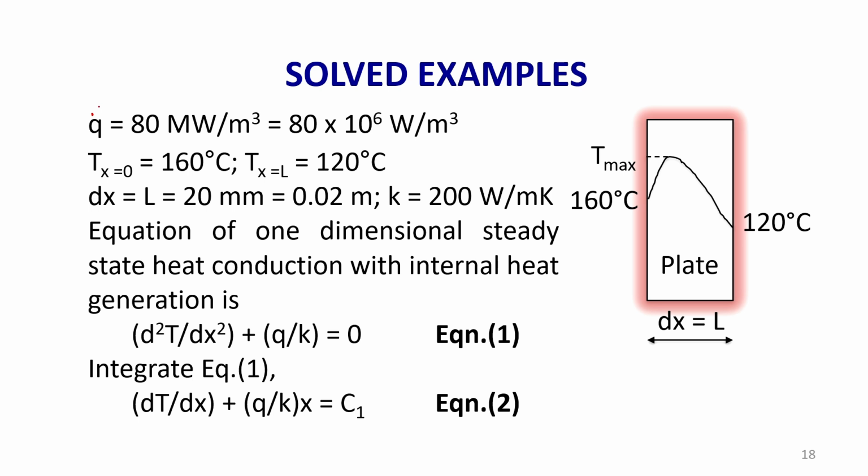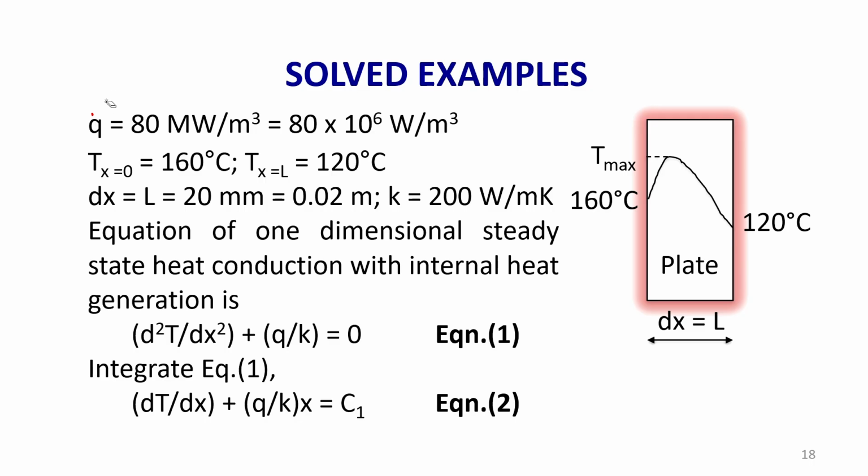Capital Q we find in watts, and small q is watts per meter square. Small q is equal to capital Q by A, and we will use this q dot for the per cubic volume. However, the notations used vary from one book to another. Most of the books will use a similar one, but we need to define it very clearly.